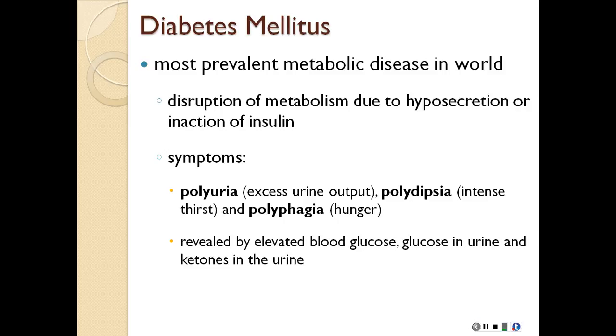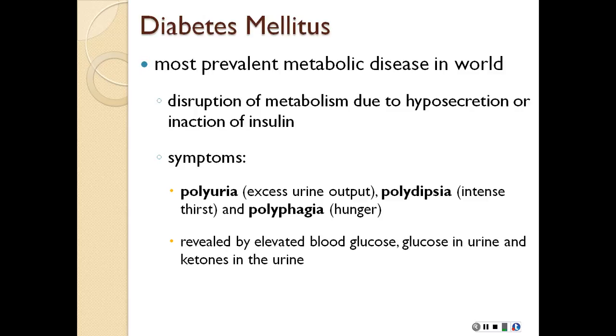Polyuria, we just talked about what that is, and that's excessive urination. Polydipsia, you may not have seen that one, but you need to know it: excessive thirst. And polyphagia, intense hunger. If a person is experiencing diabetes mellitus, those are some of the earliest symptoms.